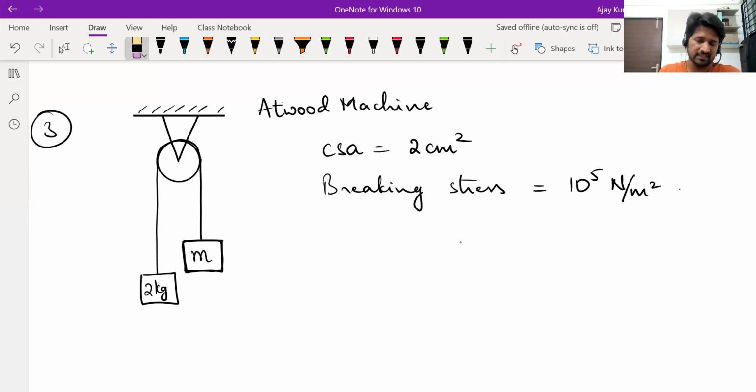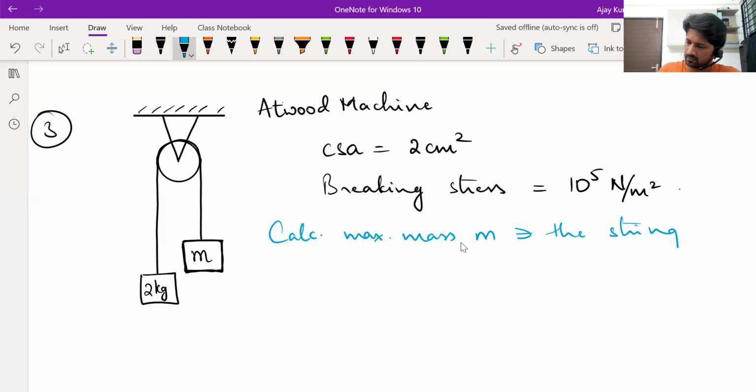Now, suppose this right side mass was, or okay, the question is to calculate the maximum mass M such that the string does not break. Okay.